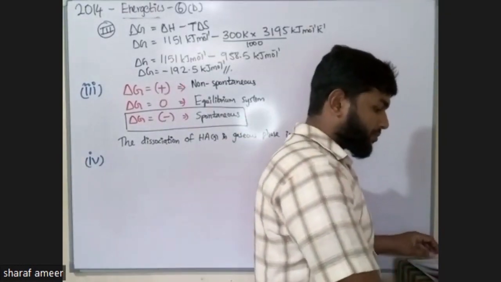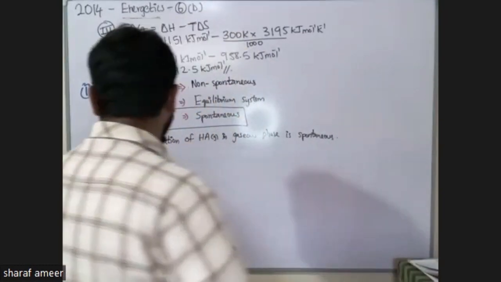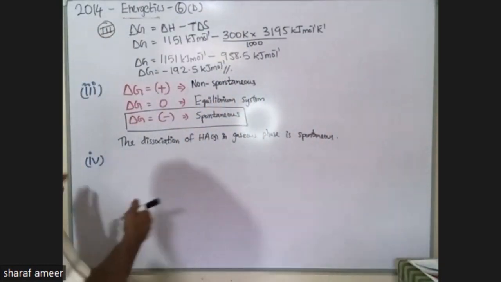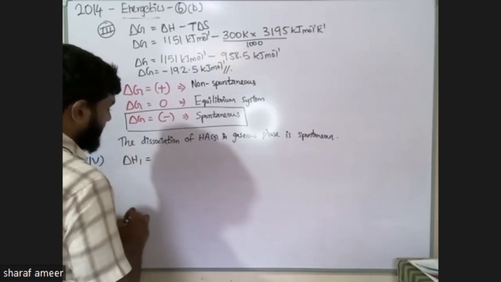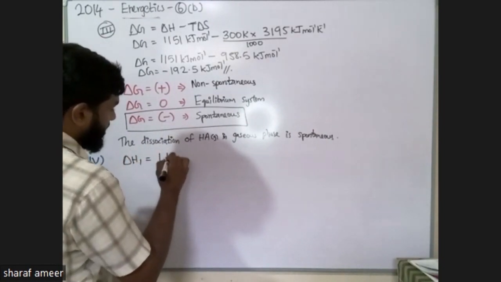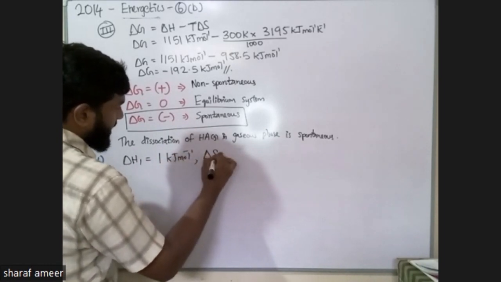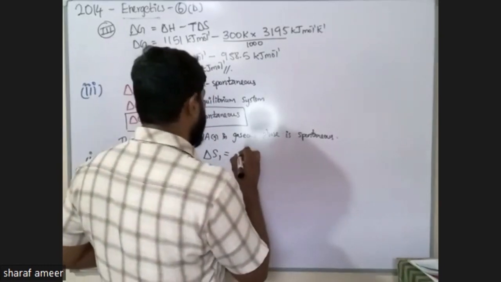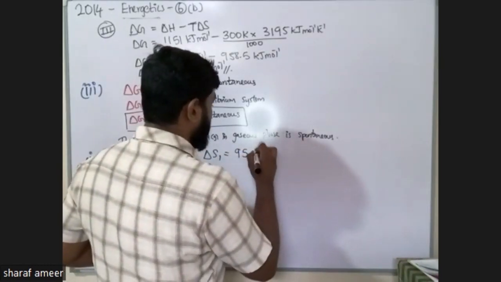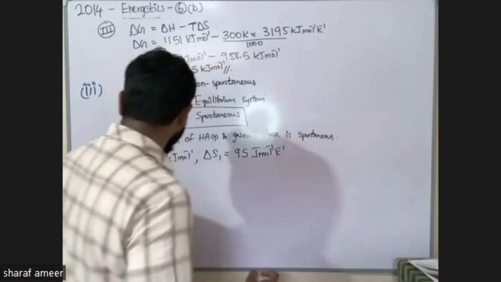So for delta H1, that's the one they have given. So that is 1 kilojoule mole minus 1. Second thing they have given, delta S1 entropic change, that is 95 joules per mole per Kelvin.